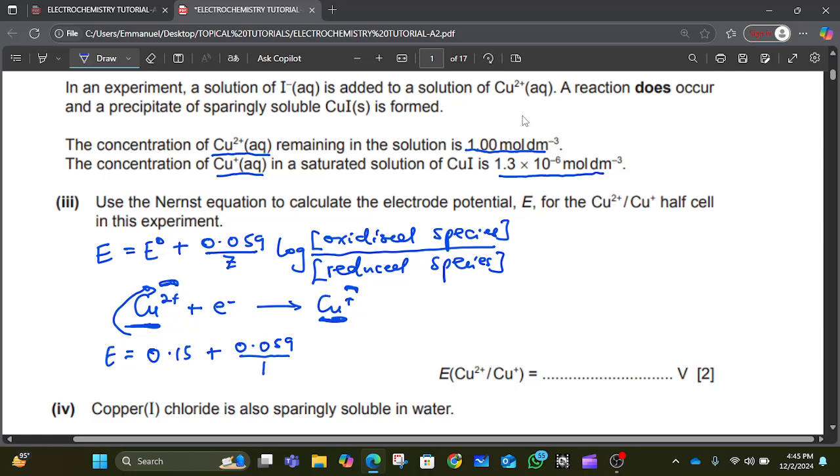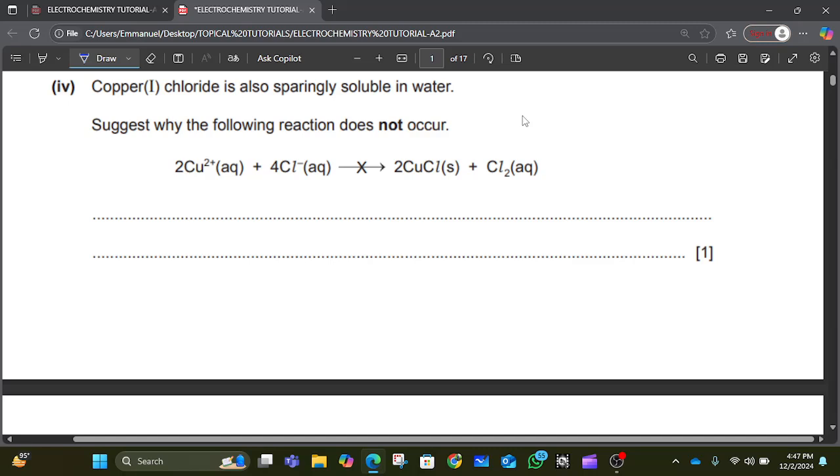The z is the number of electrons transferred, and in this equation it is only one electron. Log of the concentration of the oxidized species, which is 1, divided by the concentration of the reduced species, which is 1.3 times 10 to the power minus 6. If you solve this, you should get 0.50 volts.